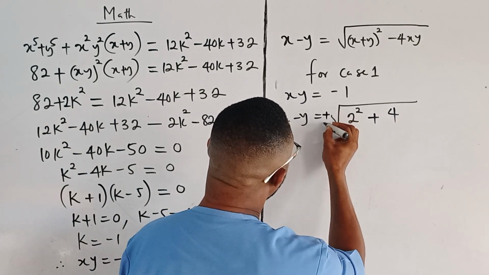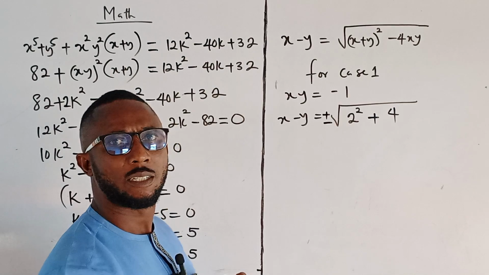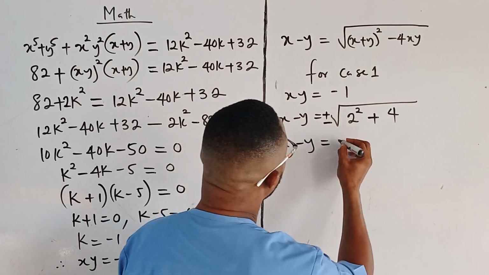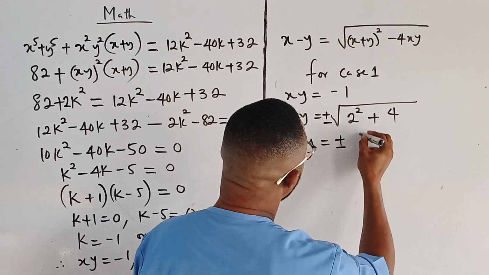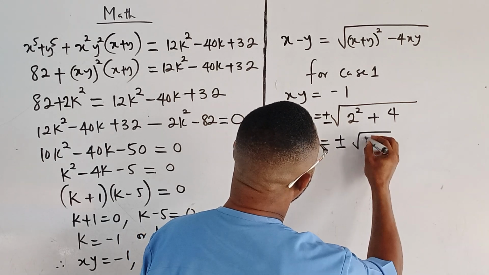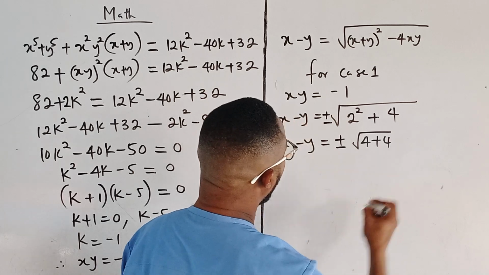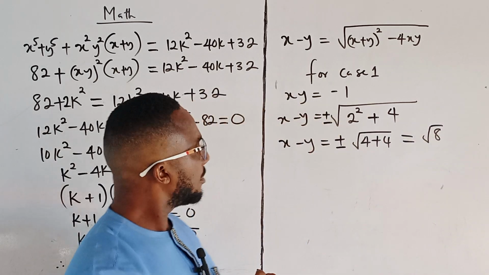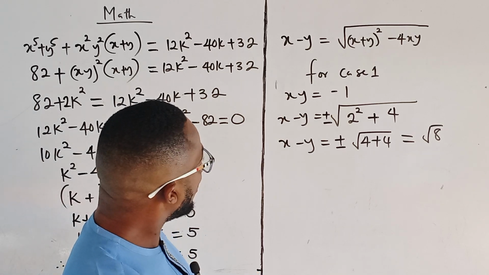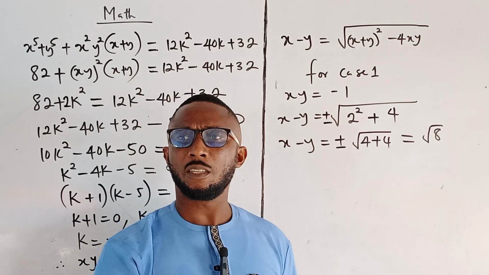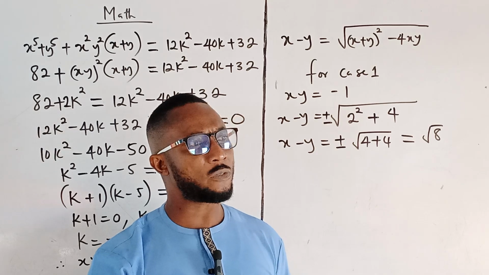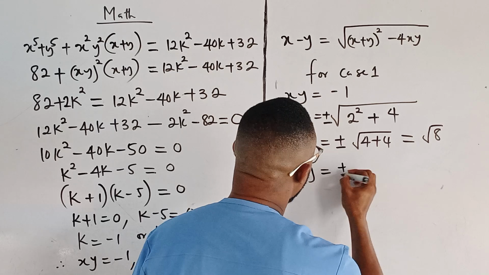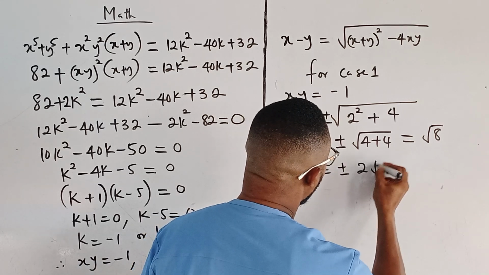And because we are taking the square root, I will attach plus and minus. So I'll then be having x minus y equal to plus or minus the square root of 4 plus 4, which is the square root of 8. Now, the square root of 8 is the square root of 2 multiplied by the square root of 4. So I will have x minus y equal to plus or minus 2 rad 2.